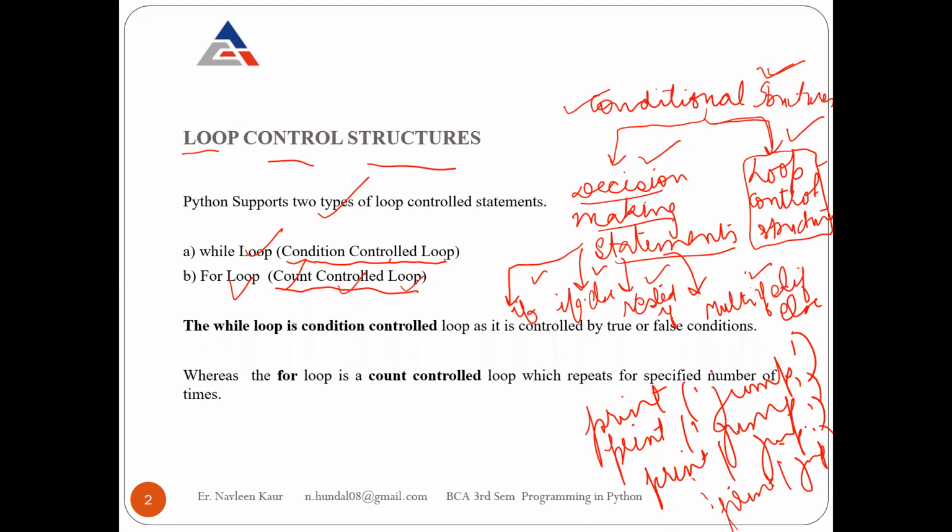But this is a wastage of the programmer's time, effort and energy, because the same statement, print jump, we are writing multiple times. If there is repetition, meaning a single statement or a group of statements that you want to repeat again and again, then why waste time writing them again and again?